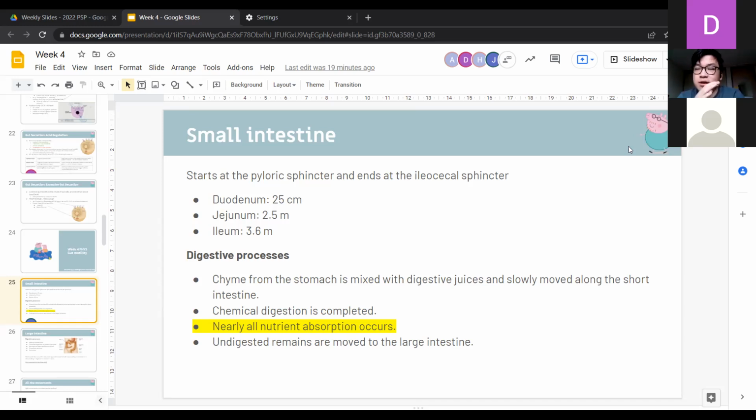So any dysfunction along the length of the small intestine will greatly affect, depending on the part that's affected, a type of nutrient absorption. So for example, iron or things like B12, which will be covered, I think, later. And at the end of the small intestine, the undigested remains are moved to the large intestine.